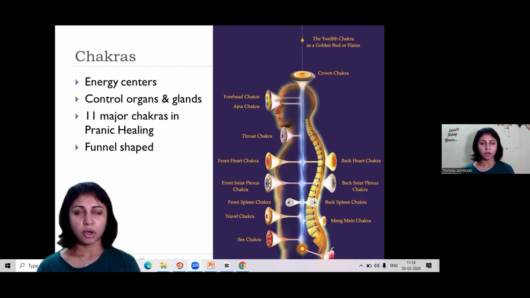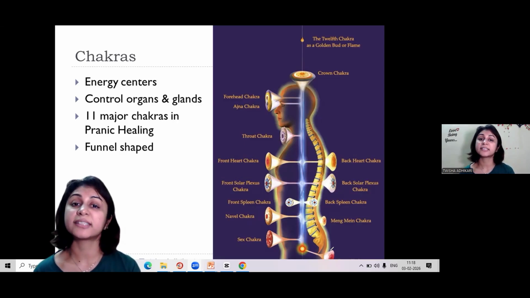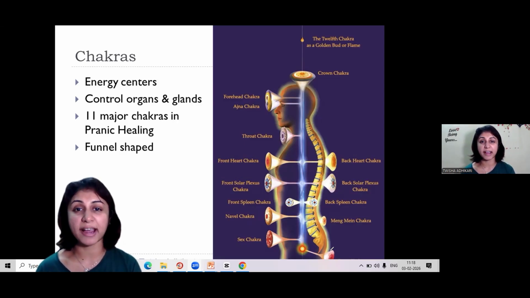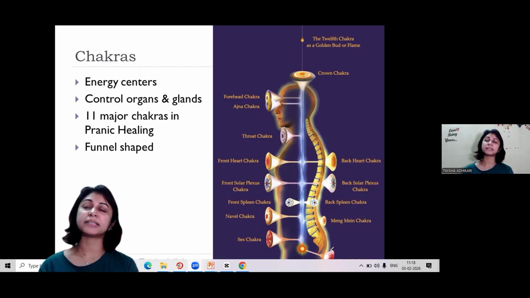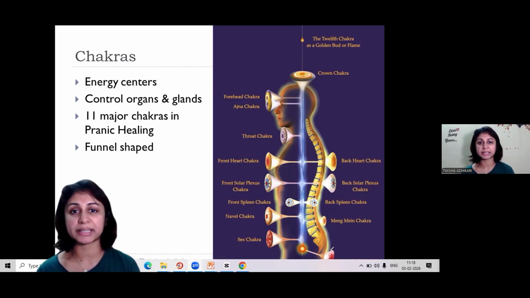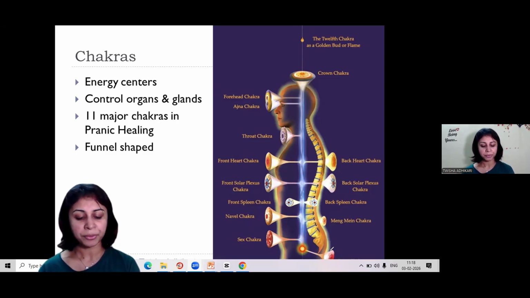Okay, and also the basic chakra is actually the center of self survival. The fight or flight, that is the center of survival. A person who has a good, active basic chakra is a very dynamic individual. If a person has an overactivated basic chakra, then they become very hyperactive and restless.